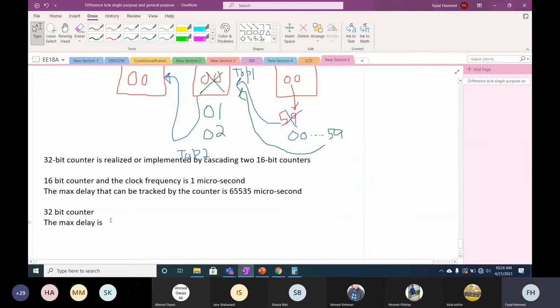The maximum delay is 4294967295 microseconds. If we convert it into seconds, that is 4294.967295 seconds. So that's the maximum delay that you can model.